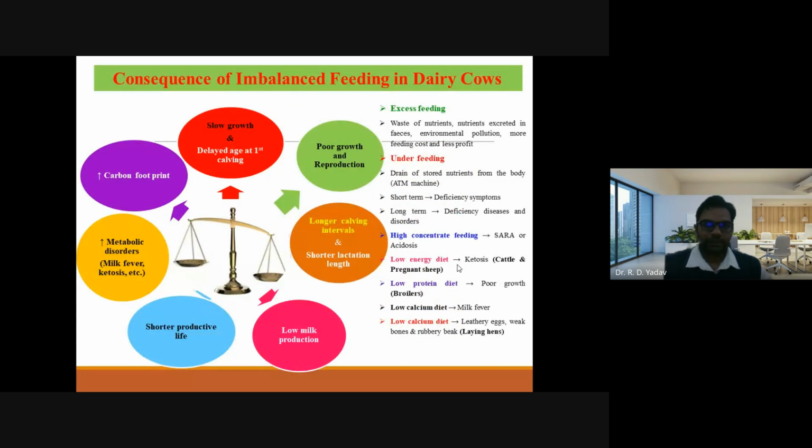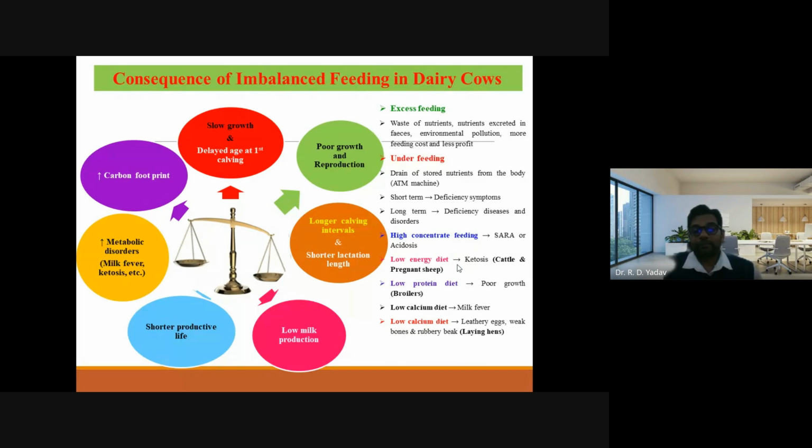So what are the consequences of imbalanced feeding in dairy cows? If we don't feed a balanced ration to dairy animals, what will be the consequences? Here are listed the major consequences: poor growth and reproduction, longer calving interval and shorter lactation length. Most important, low milk production and shorter productive life.